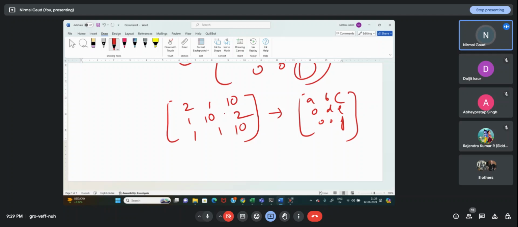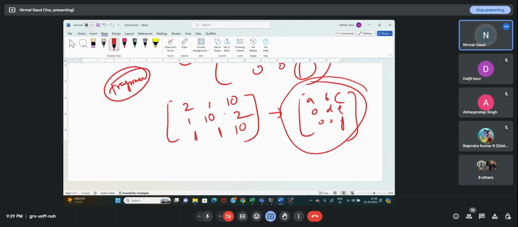This is echelon format. Anyhow, I need to make these two positions 0 to convert this into this format. So I need to apply transformations, and the possible transformations could be addition and multiplication between the rows. I can make this 0 by subtracting row 3 from row 2.